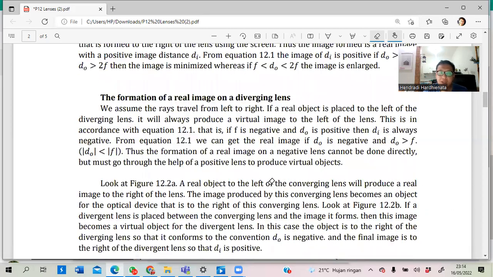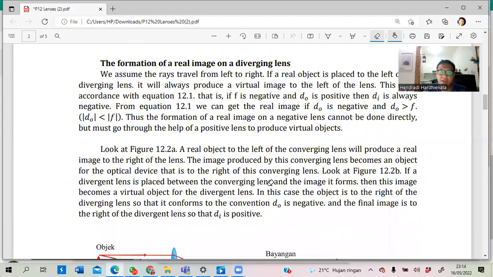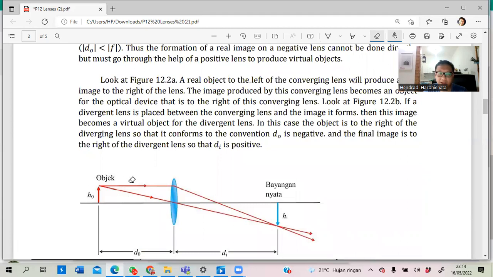So how is a real image formed? You can follow here using the special rays. The ray that is parallel to the main line will pass through the focal point.